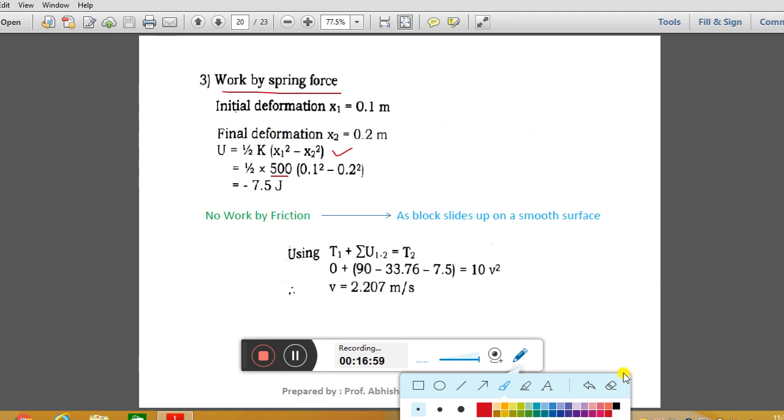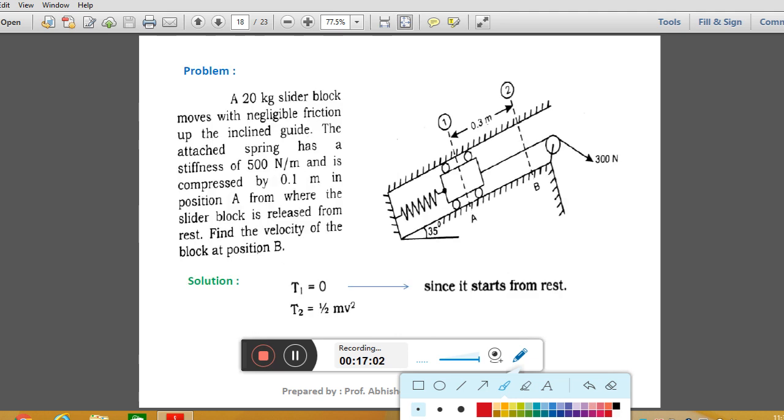In the problem it is already given that at position A, that means at position 1, the spring is compressed by 0.1 meter. So the initial deformation is 0.1 meter. Now this slider block occupies position 2, so the deformation is 0.3 meters when it occupies position 2. But for achieving this 0.3 meter deformation, the spring will recover its initial compression of 0.1 meter.